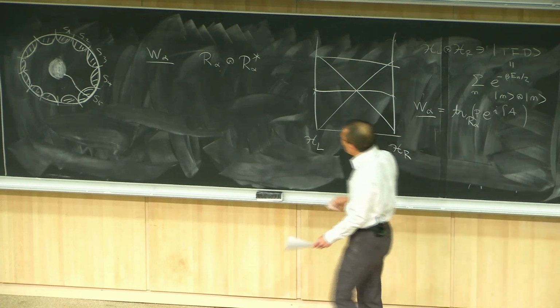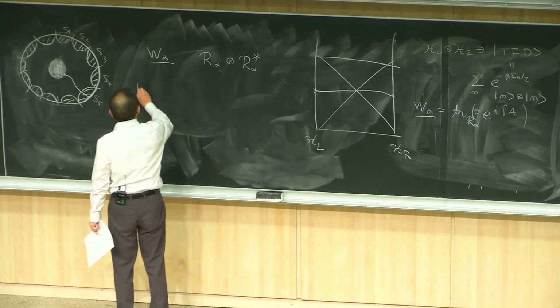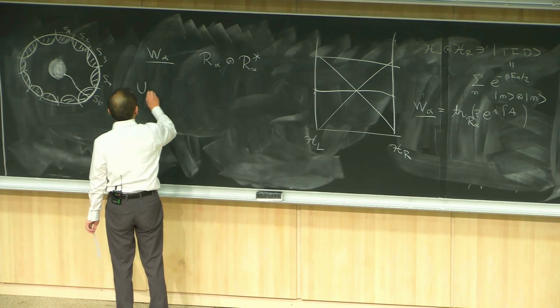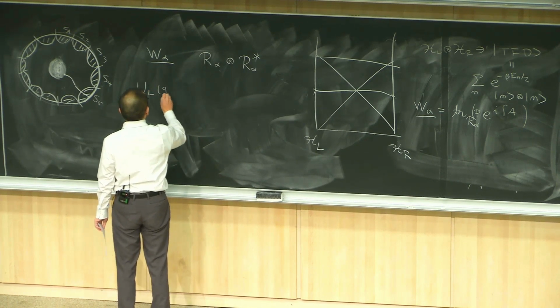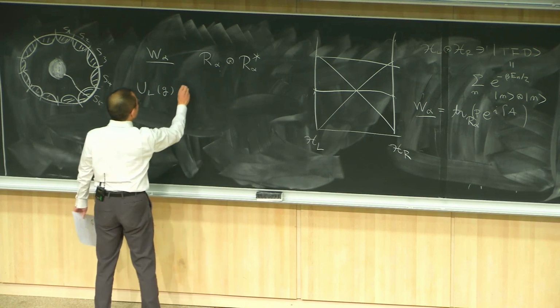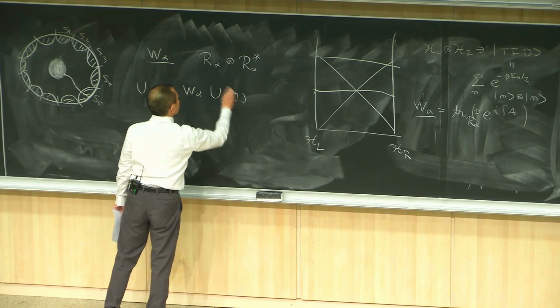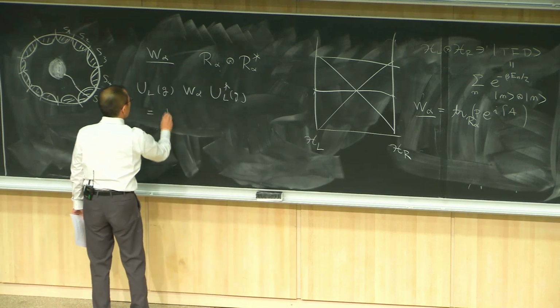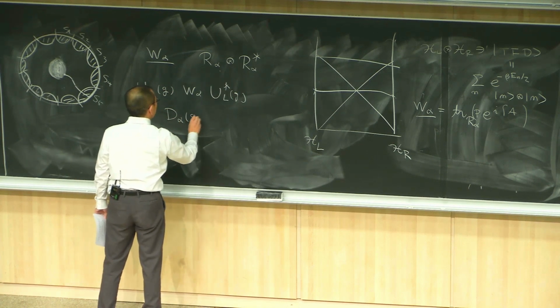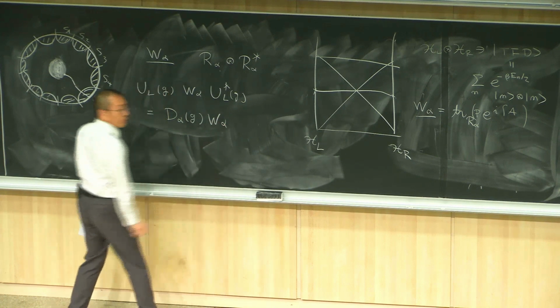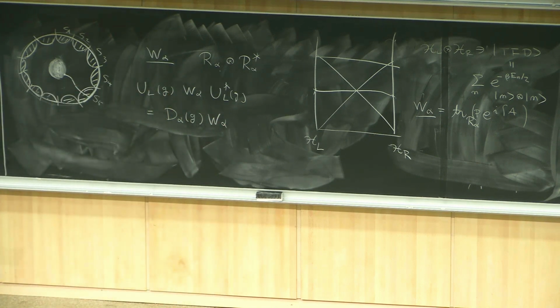In particular, if you act with a unitary operator representing the group G on the left side and conjugate it, then it has to form some representation.